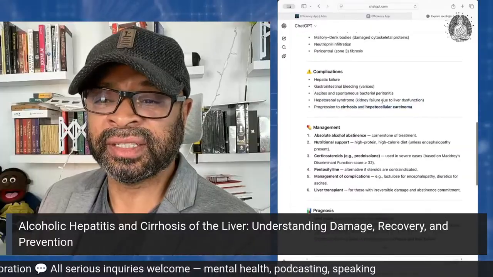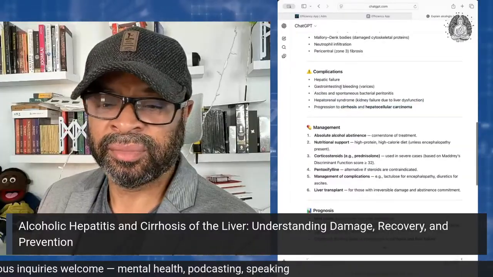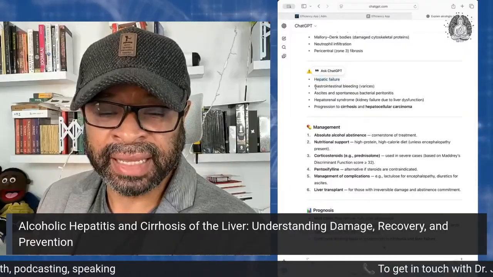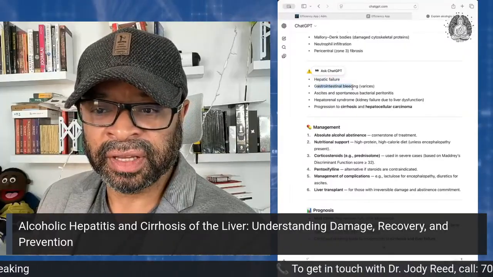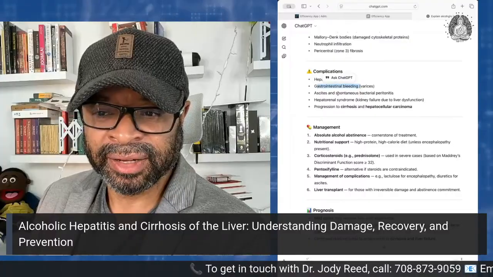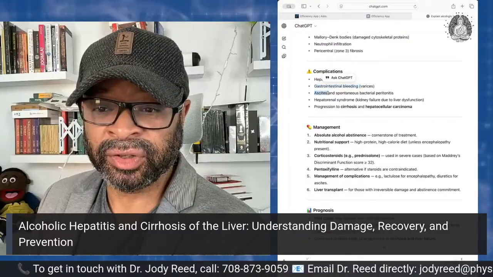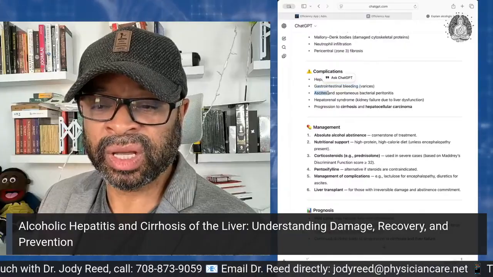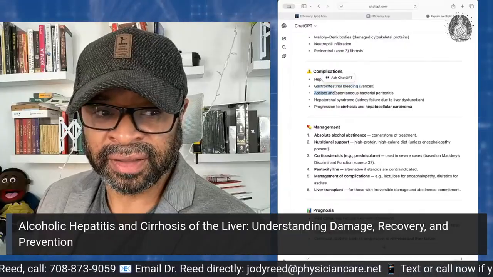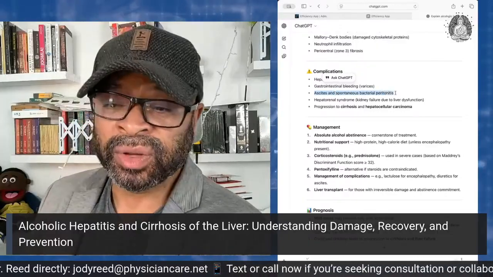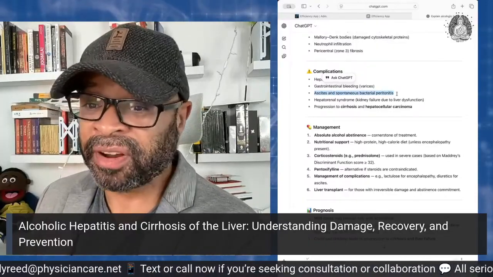So you can see this progression: hepatic failure, then you're not making albumin, so you get the GI bleeding, right? You're not making enough proteins from the liver, so you get the protein imbalance, so you get the swelling and the edema and things like that because you don't have the protein balance, and you're at risk of spontaneous bacterial peritonitis.